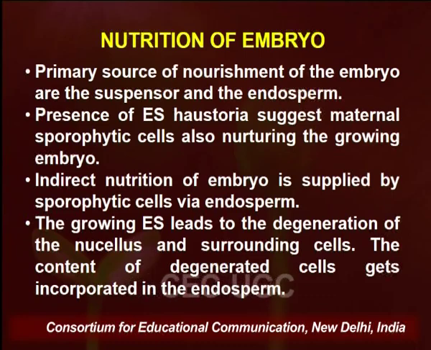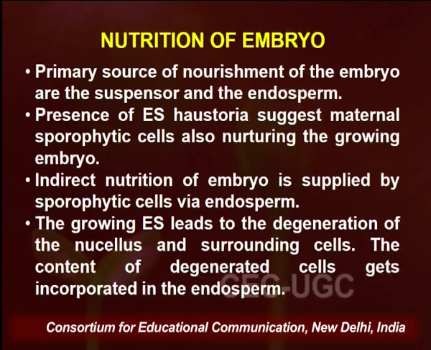So, endosperm nourishes the embryo, suspensor nourishes the embryo, and now we have maternal sporophytic cells like the nucellus present around the embryo sac, which also has a role in nurturing the growing embryo. Indirect nutrition of the embryo is supplied by sporophytic cells, and this happens via the endosperm.